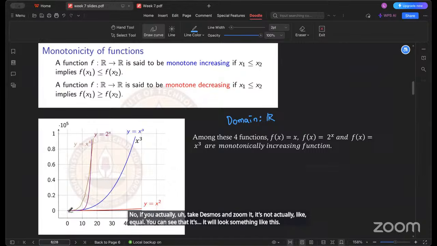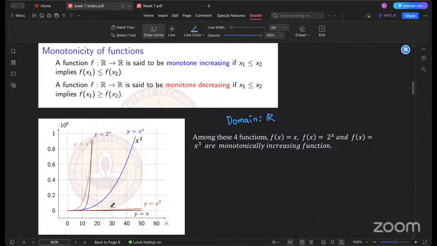Let me ask straight away, what happens to x power 4 when x is less than 0? It is positive only, ma'am. Is it increasing or decreasing? It's decreasing, getting the positive value.